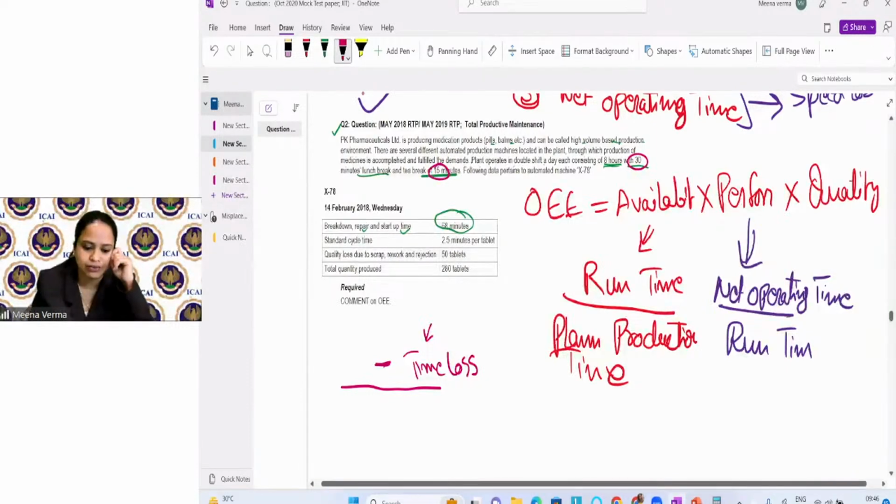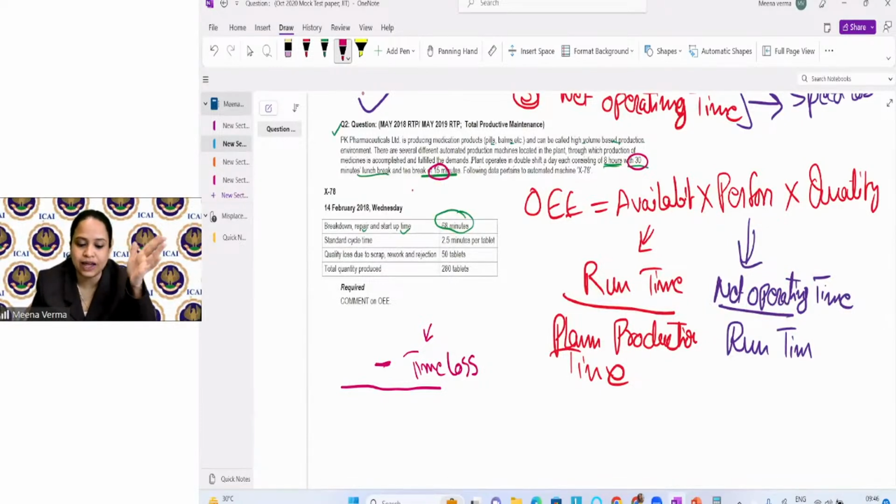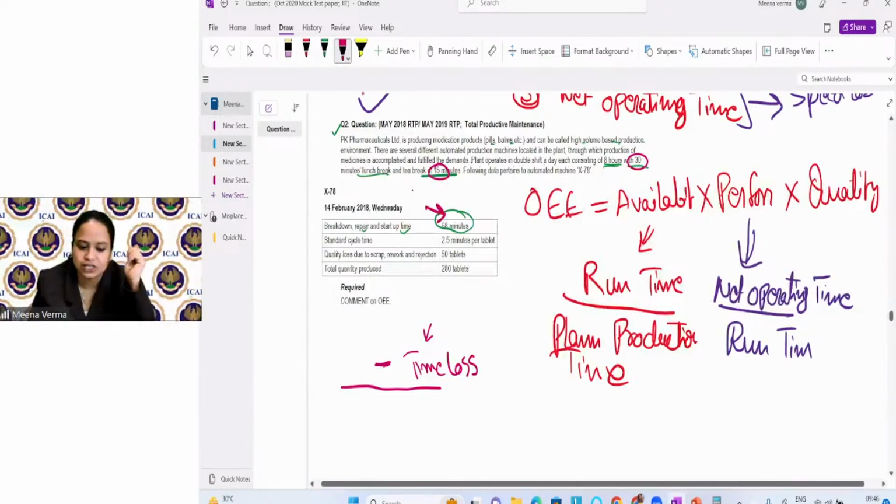And we have planned downtime and unplanned downtime. You can see this is also a downtime, this is also time loss, right? So 30 minutes is a time loss, 15 minutes is a time loss, and 68 minutes is a time loss. So see what the sum of these losses is.